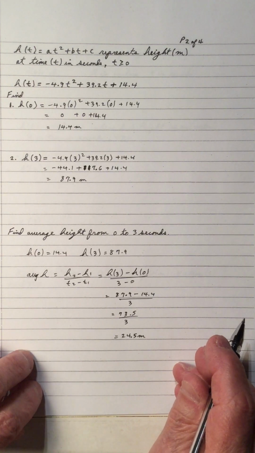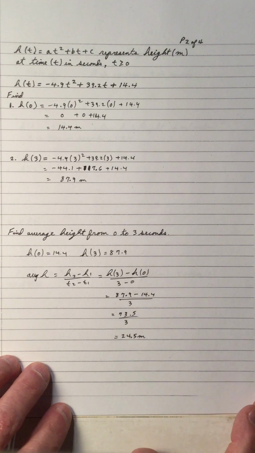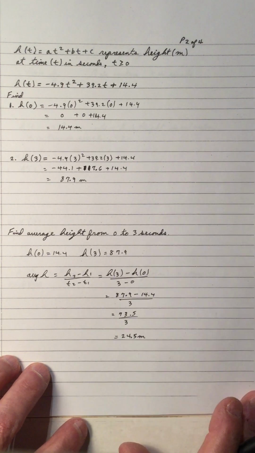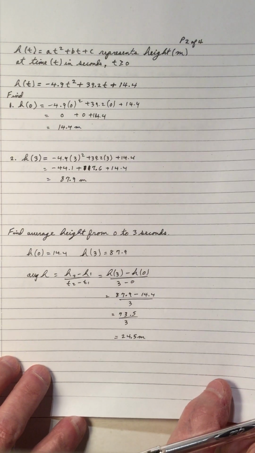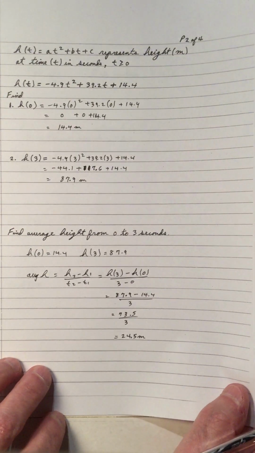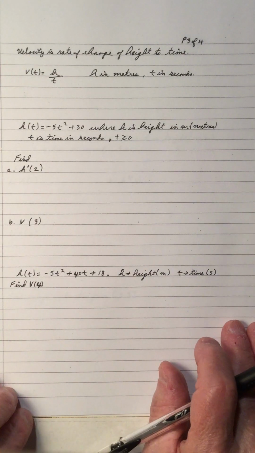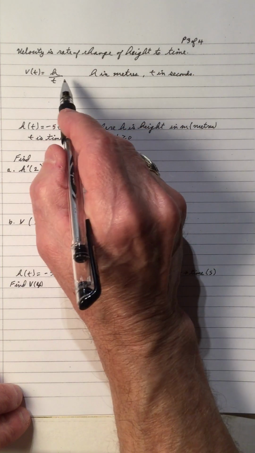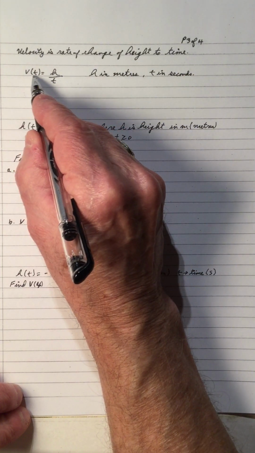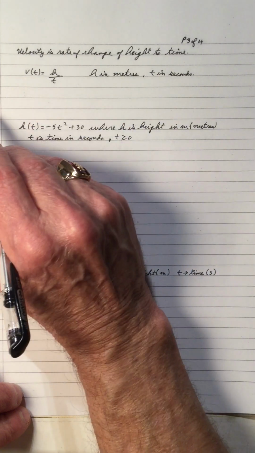If that's the average height, what about the height at a particular time? That would be the velocity, the height in terms of time. Let's go further now. Velocity is the rate of change of height in terms of time. So v(t), velocity in terms of time, is h divided by t.